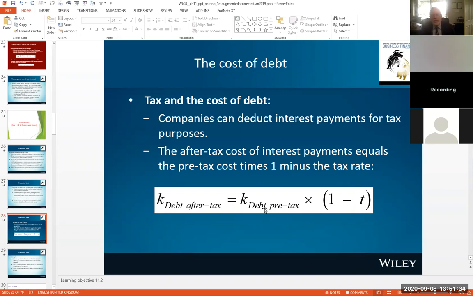So let's say this is 6%, and let's say the tax rate is 40 cents in the dollar, 0.4. We take our 6% and multiply it by 1 minus 40%, so that's 0.6.